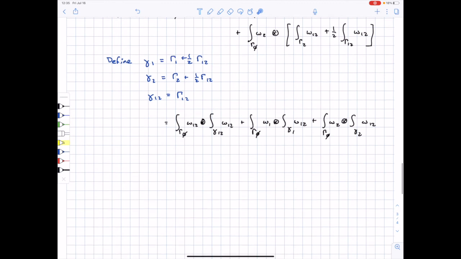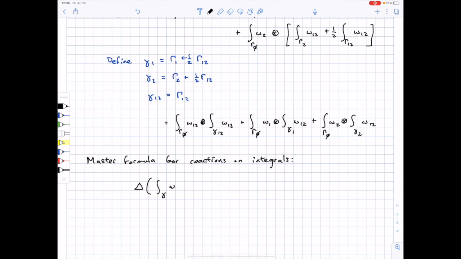So what we refer to as a master formula for coactions on integrals would be this kind of expression where you have the coaction of some integral, so some integrand omega integrated over some contour gamma, and we're just inserting a complete set of dual integrands and contours.